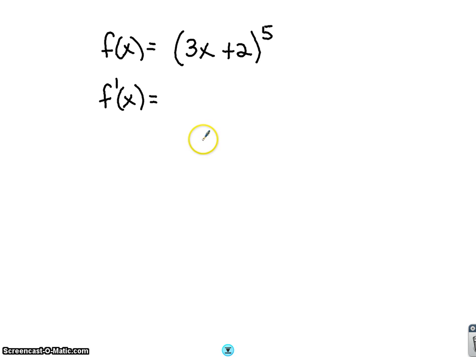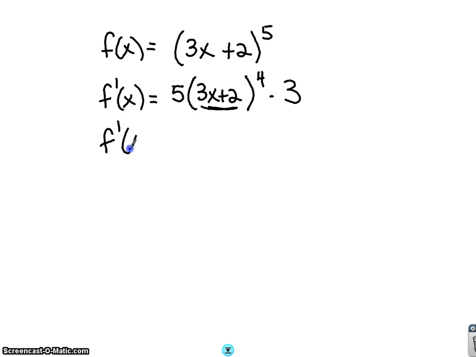The derivative of the outside evaluated at the inside times the derivative of the inside. I'm going to continue on with that. So there it is. There's my derivative of the outside, just like the power rule, evaluated at the inside times the derivative of this inside. Okay, so taking a look at that, we're going to simplify this now.